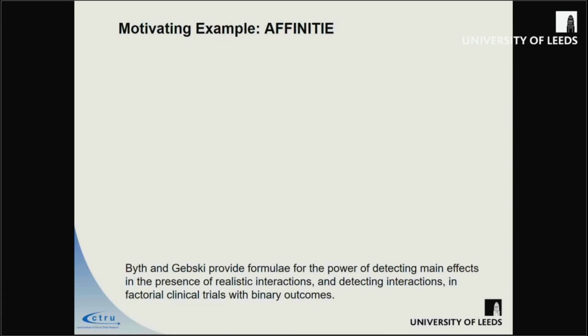So at the time, I was aware of a paper within the clinical trials community that basically gave the power of detecting main effects in the presence of realistic interactions. And if you look at that, it's got this lovely formula that looks really complicated, and you think to yourself, well, that must be complicated.